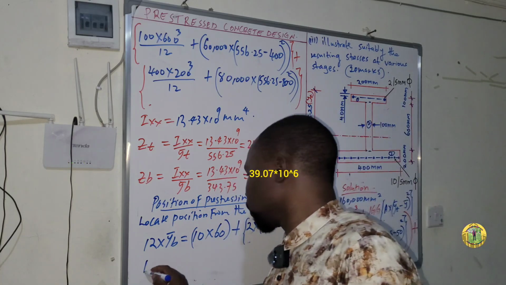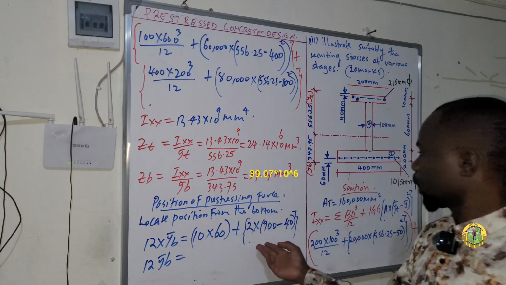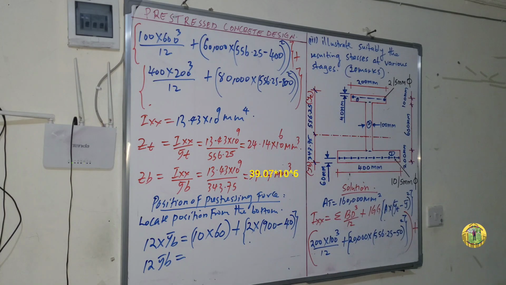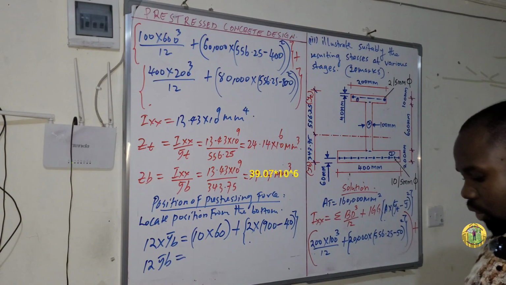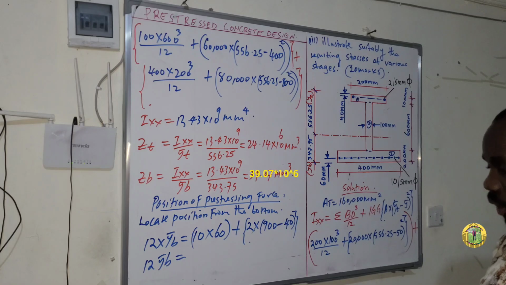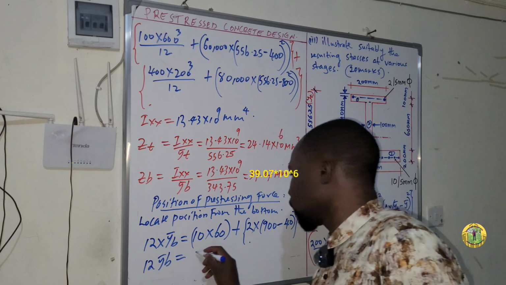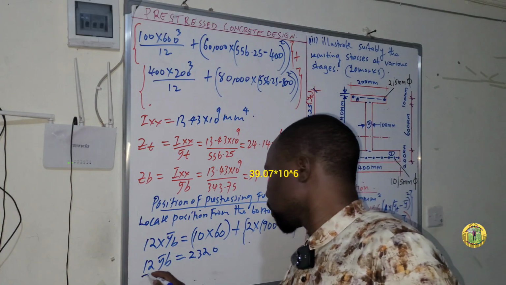So this is 12 Y bar bottom is equal to, let's carry out the operation for this. So we have 600 plus this is 860 times 2. So this is 2320. Divide both sides by 12.